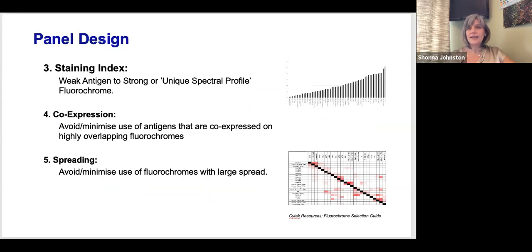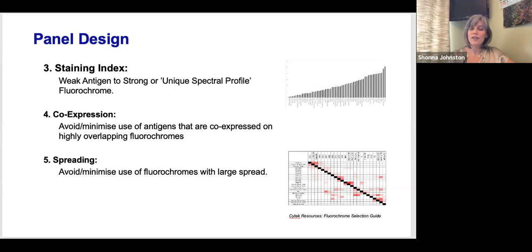And as I say, the staining index might be a little bit different to your conventional cytometer, but what you're interested in here is obviously doing the same as you would normally. So you would always choose a weak antigen and combine it with a strong fluorochrome. Or in this case, you might want to select it with a fluorochrome that's got a unique spectral profile, because that's actually what you're separating on.